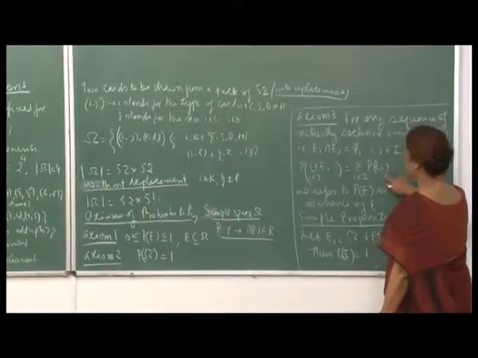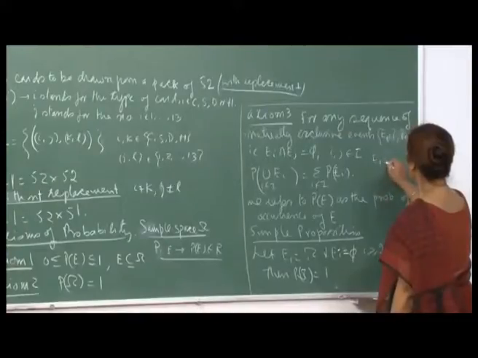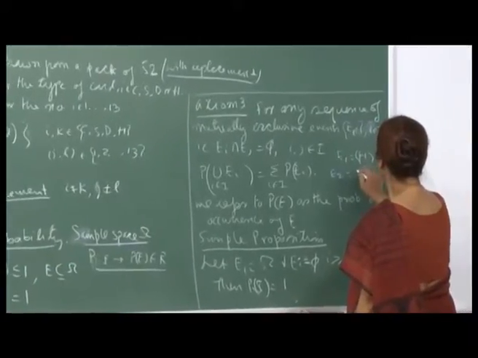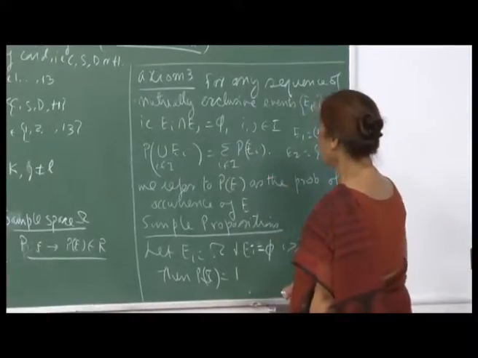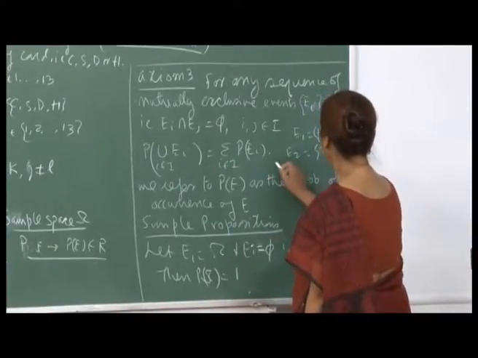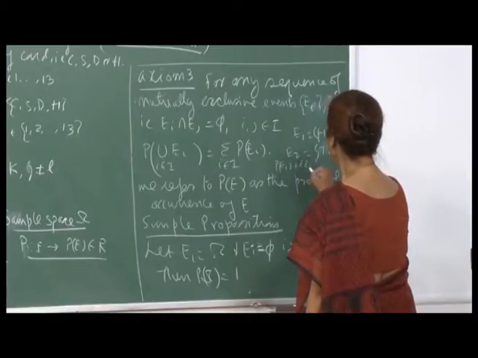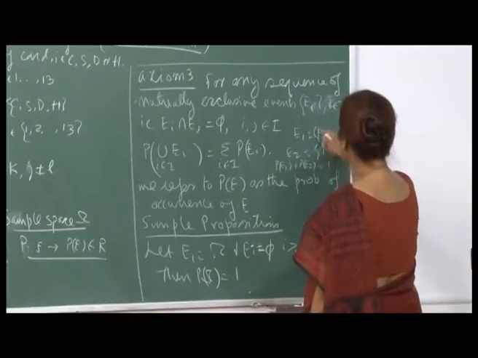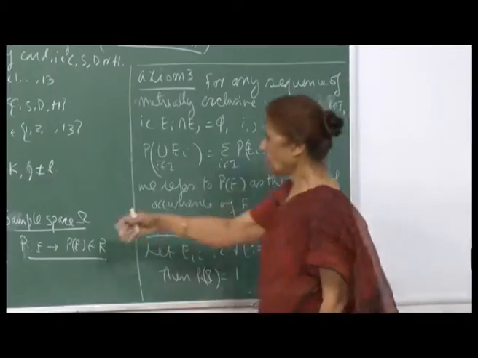In the first example, my E 1 would be H, E 2 will be T. So, from this axiom what I will get is that P E 1 plus P E 2 is equal to 1, because E 1 union E 2 is my whole space omega, P omega is 1.